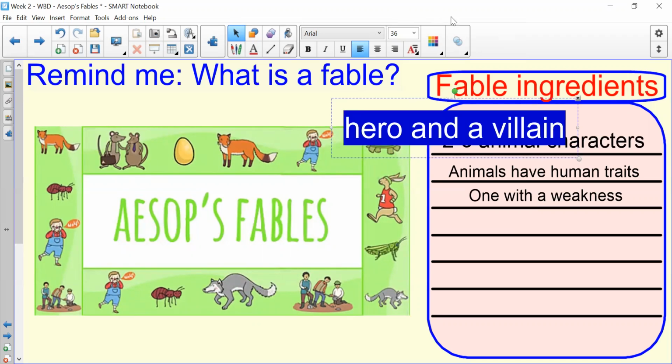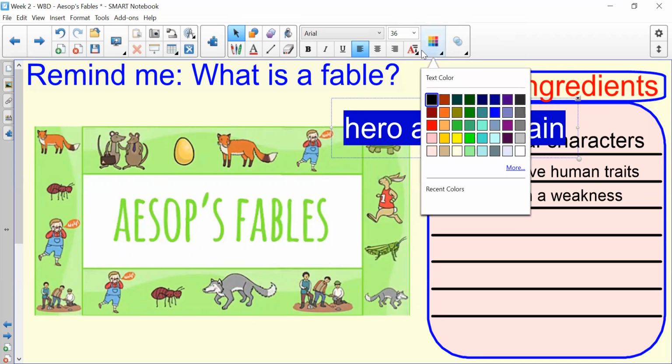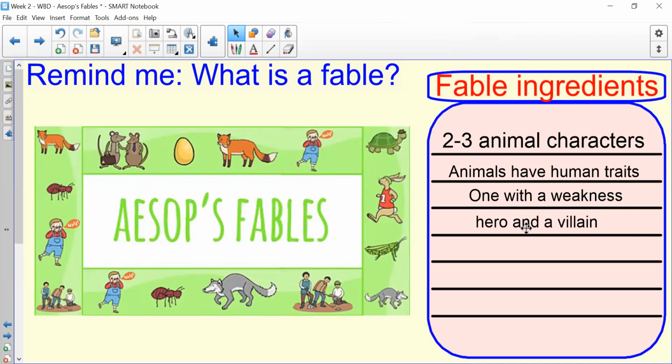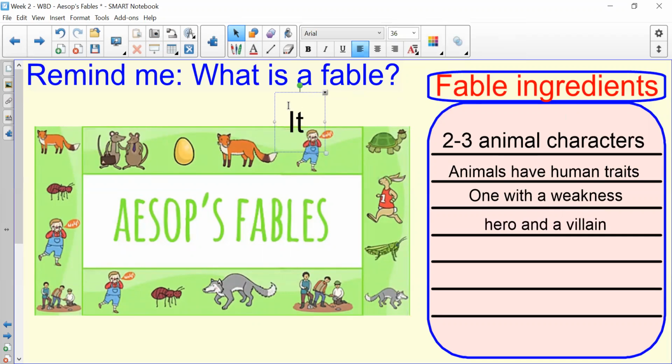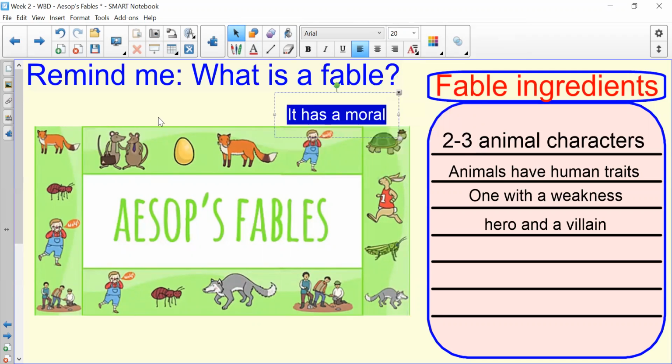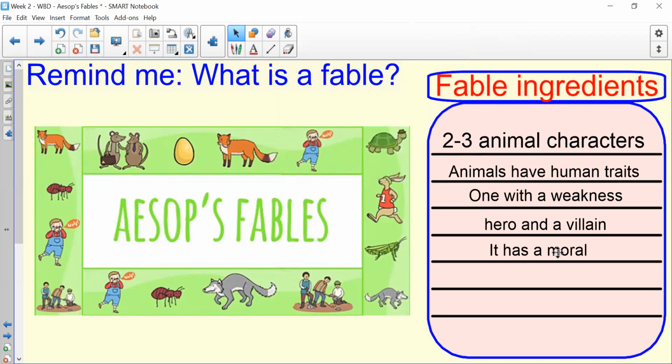It's not a villain as in a really mean person necessarily, but there is good and bad in the story. What's one of the most important features of a fable that makes it a fable? Superb. It has a moral, that lesson right at the end of the story that people can take away from it and use in their day-to-day life.